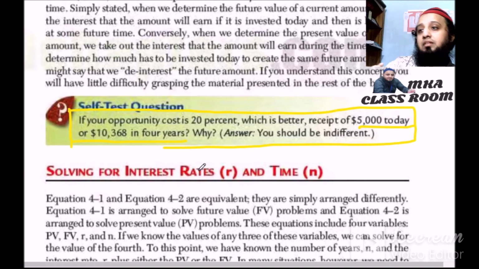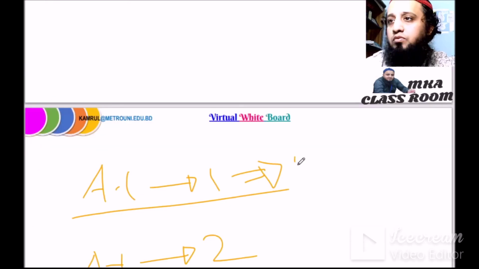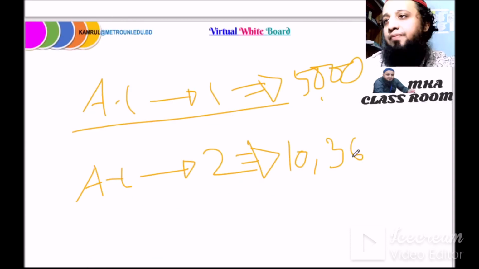Alternative 1 says today you have 5,000 taka, and alternative 2 says 10,368 at 4 years. At 4 years, and this is today.